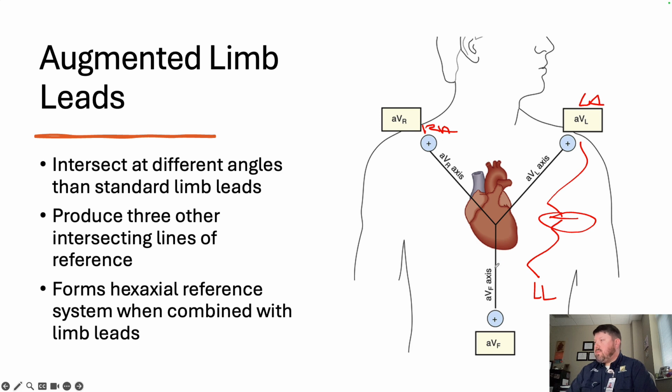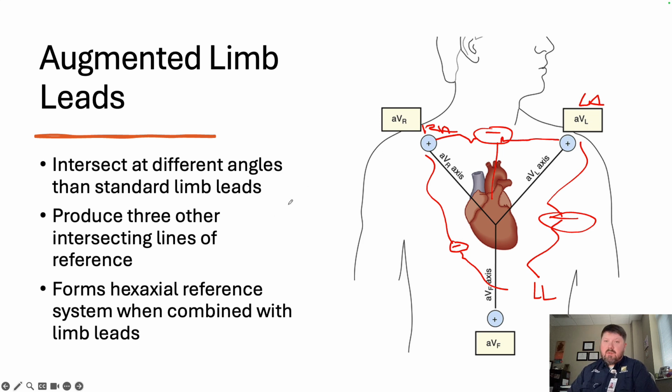The negative for AVF would actually be a combination of my right arm and my left arm, and then the negative for my AVL would be a combination of my right arm and my left leg, and then we will get that view.